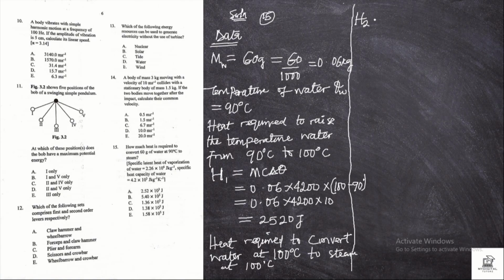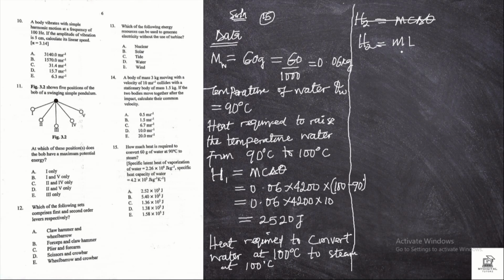So that will be equal to MC change in theta as well. Am I communicating? So no, that will be the mass multiplied by latent heat of vaporization. Are we there?